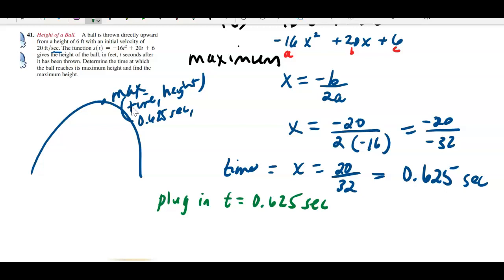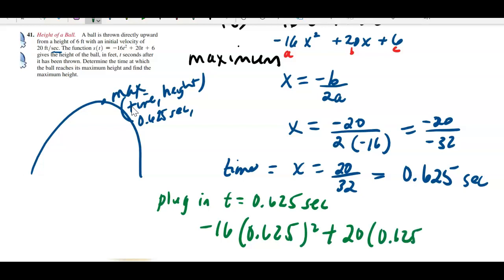So we'll have negative 16 times 0.625 squared plus 20 times 0.625 plus 6. All right, and so now we'll just do the math. We'll let the calculator do the computation for us.